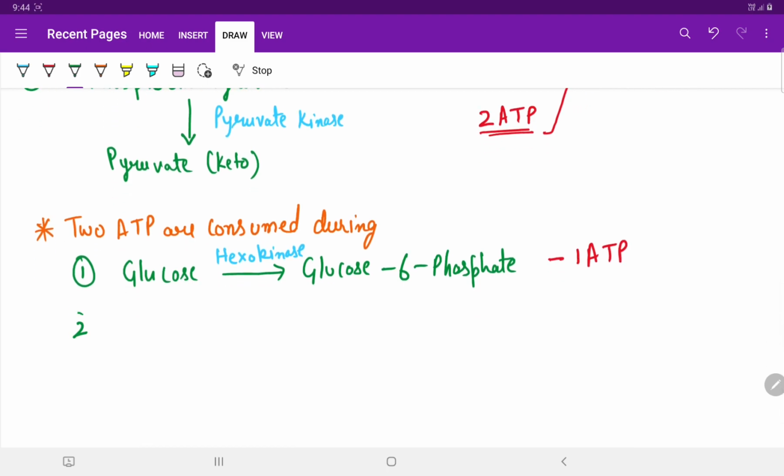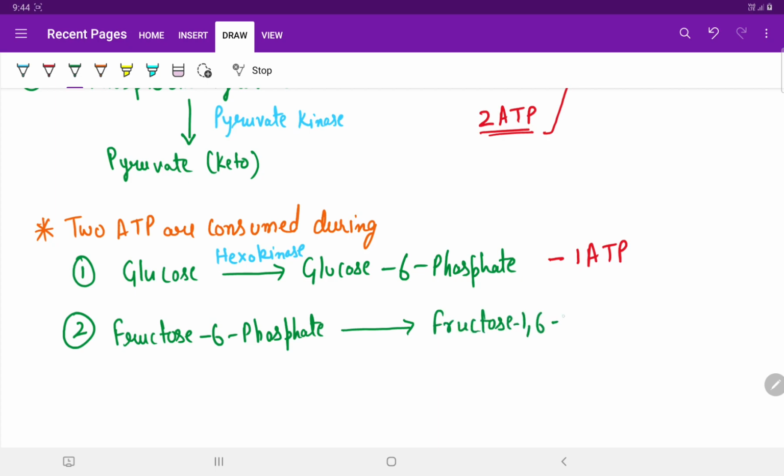Similarly, formation of fructose 1,6-biphosphate from fructose 6-phosphate is also accompanied by investment of 1 ATP molecule. So in this reaction, fructose 6-phosphate is converted into fructose 1,6-biphosphate.